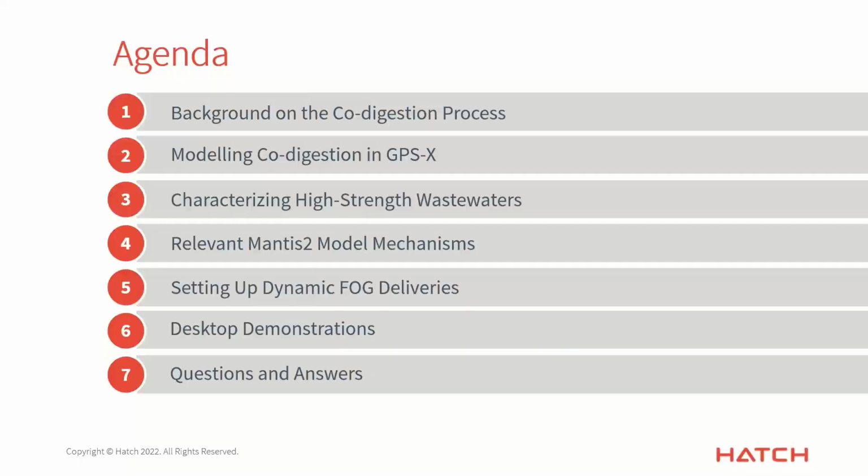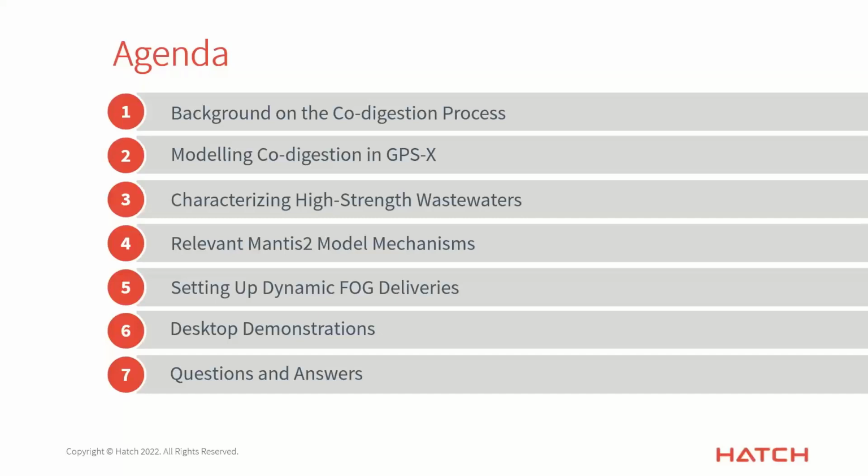All right, so my plan for today is to, first of all, just introduce and make clear exactly what I'm talking about when I'm referring to co-digestion process. We're going to talk about how you model it in GPSX, and there's sort of three elements to that. I have some information on characterizing high-strength wastewaters. I'll talk a little bit about the Mantis 2 model mechanisms that are relevant to the digestion process.